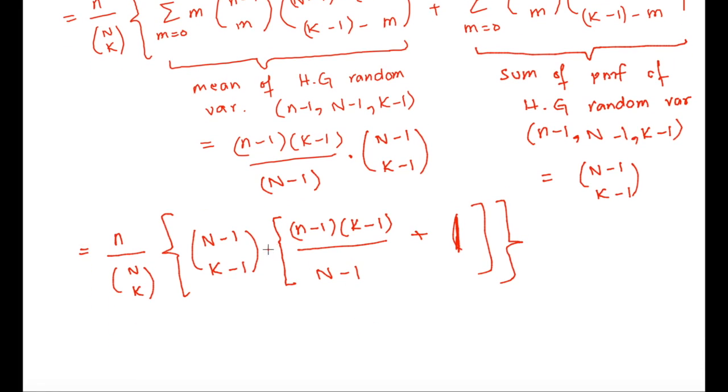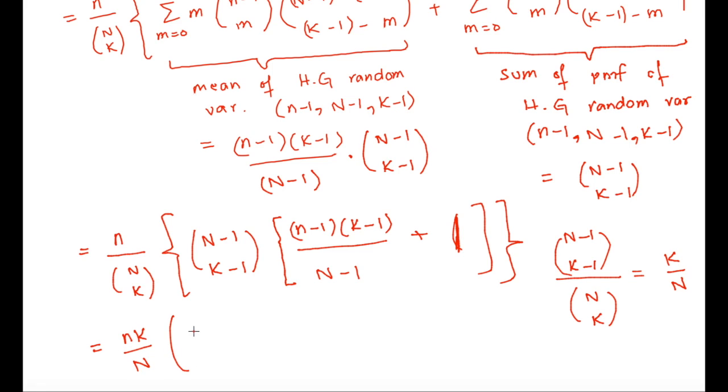So now if I simplify this divided by this, n minus 1 choose k minus 1 divided by n choose k is what? If we use the definition of combinations, we get k over n. So my second moment is nk over n, times (n minus 1)(k minus 1) over n minus 1, plus 1.